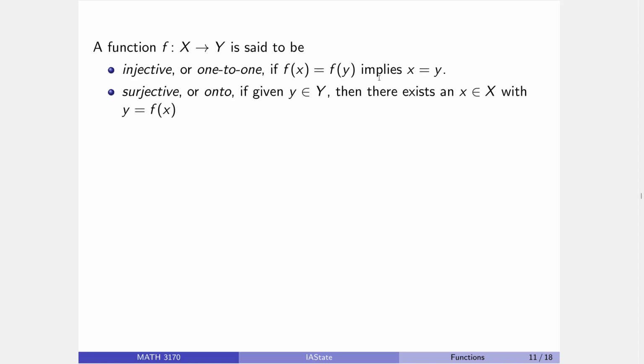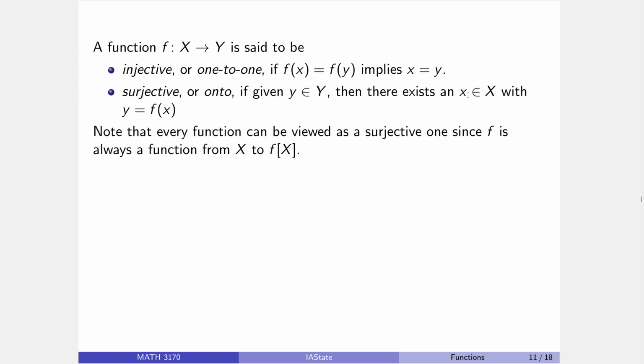And onto, meaning that the codomain we're looking at has an input that matches it. So note, with my viewpoint of every function can be viewed as a function to its codomain, to its range, this means that technically every function can be viewed as a surjective one, because if you just change its codomain to its range, then you're automatically surjective.